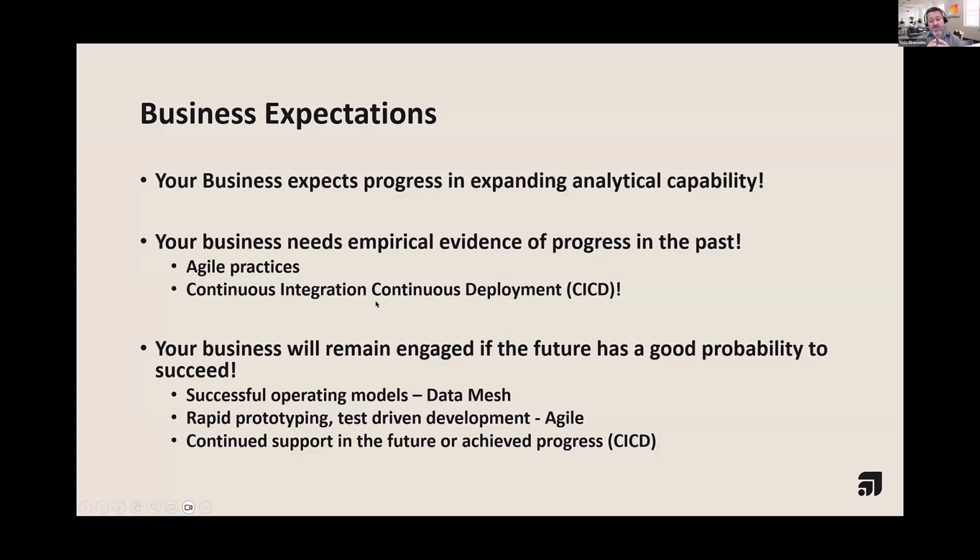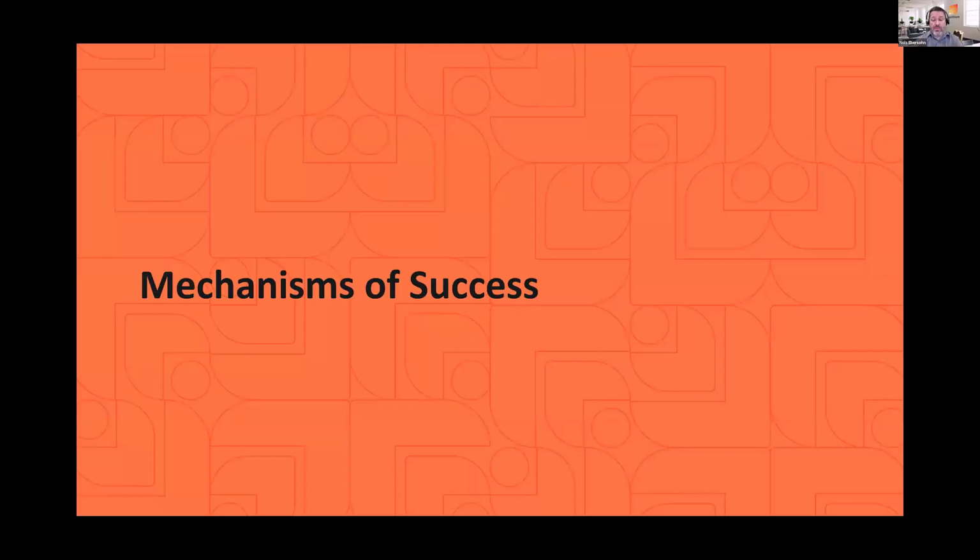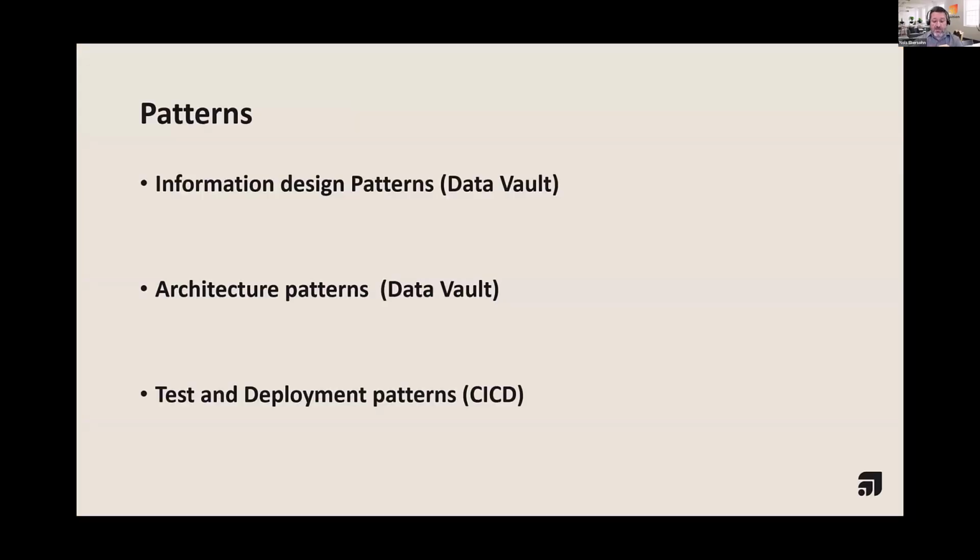So this is where the business measures and also motivates the perception of progress within a program. And so how do we achieve this? How do we then help the business to understand or have a successful image in their mind of progress? These are the mechanisms of success that we're going to explore a little bit further.